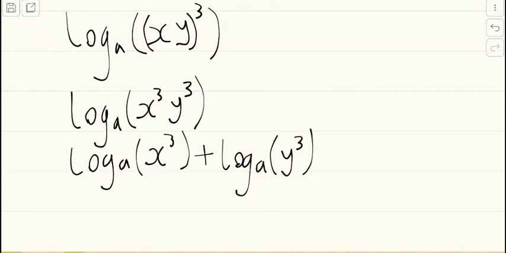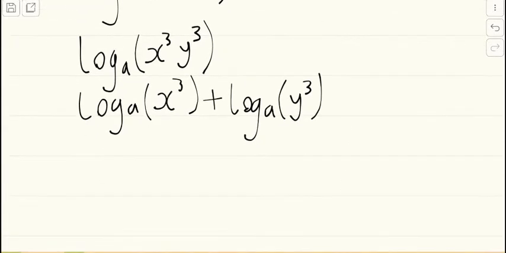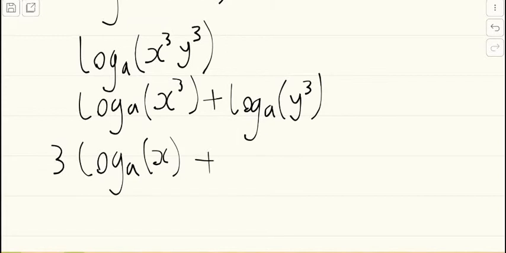That's just again using your log laws. But again, we're not done. We need to rewrite this in terms of log to the base a of x and log to the base a of y. So we write log to the base a of x with the 3 in front, plus again for this one, 3 log to the base a of y.